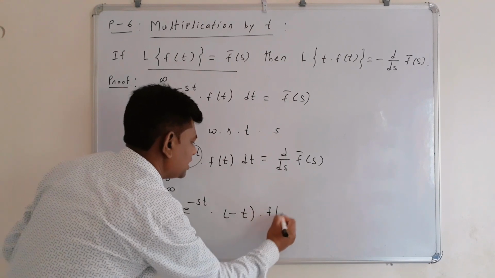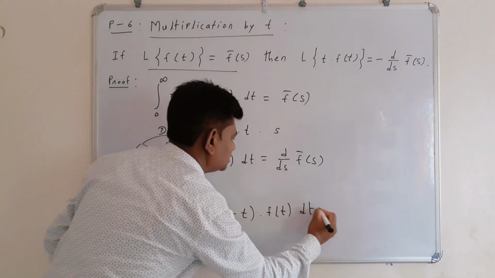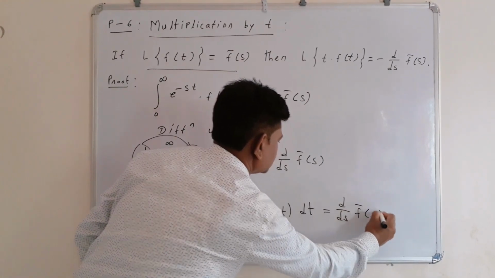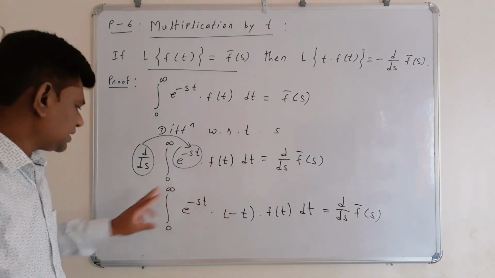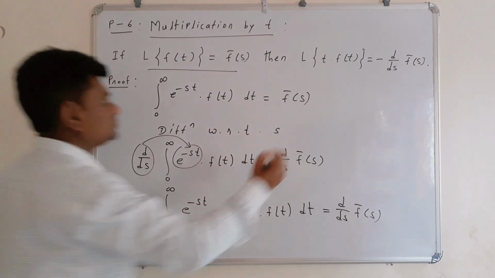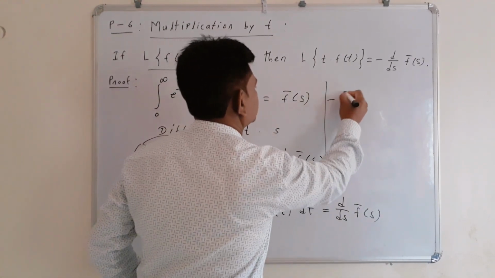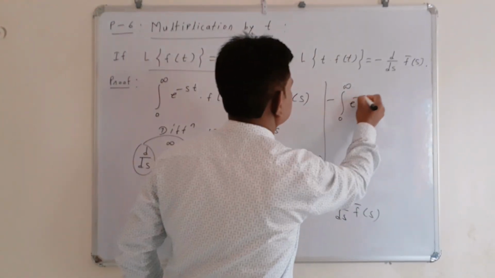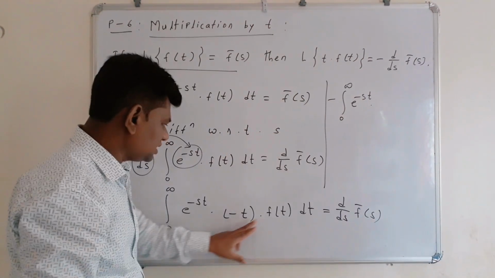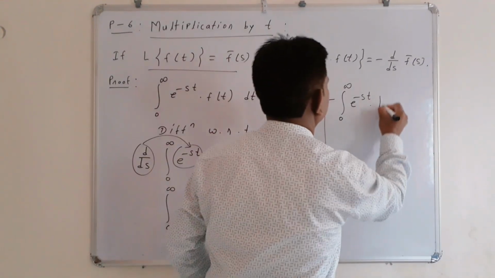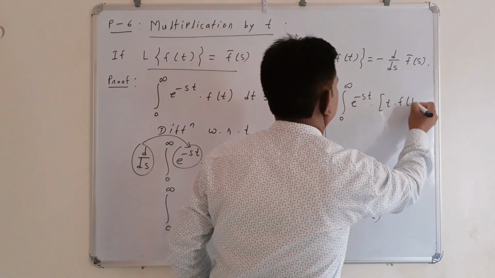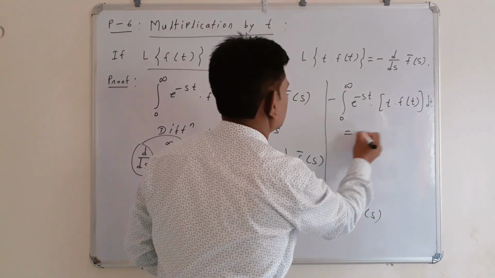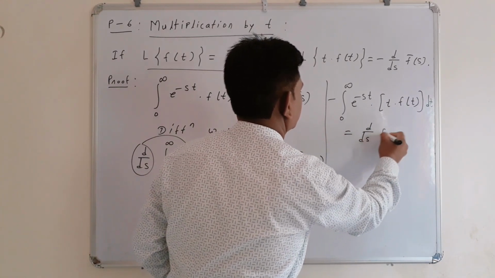This f of t as it is, dt as it is, is equal to d by ds f bar s. Now this minus sign taken outside the integration, minus integration 0 to infinity, this e to the power minus st, t times f of t dt, is equal to d by ds f bar s.